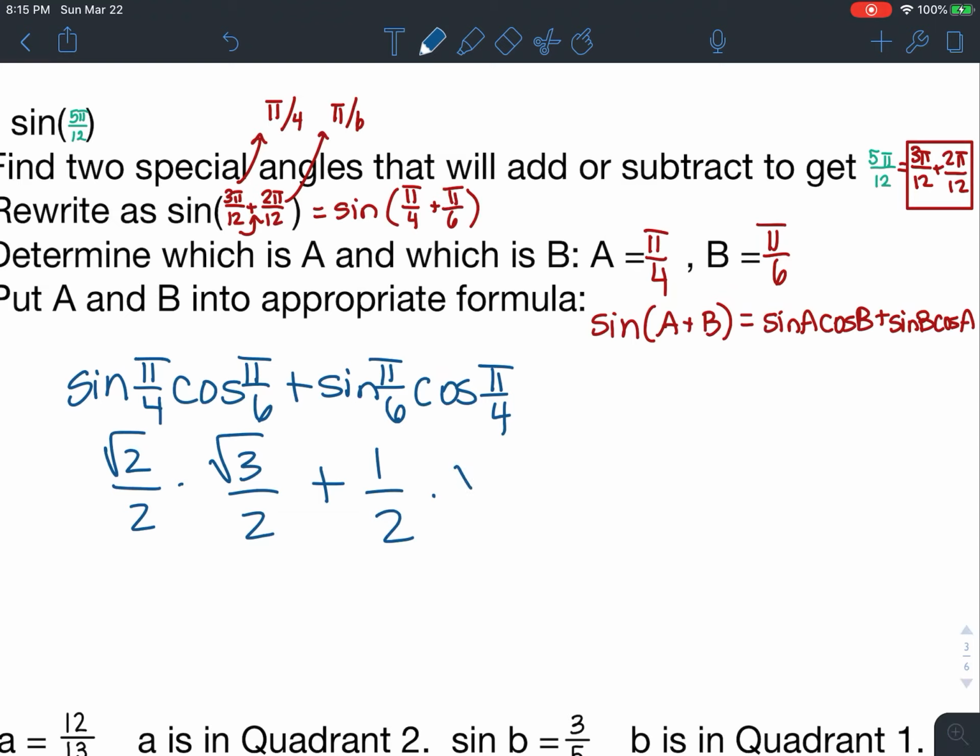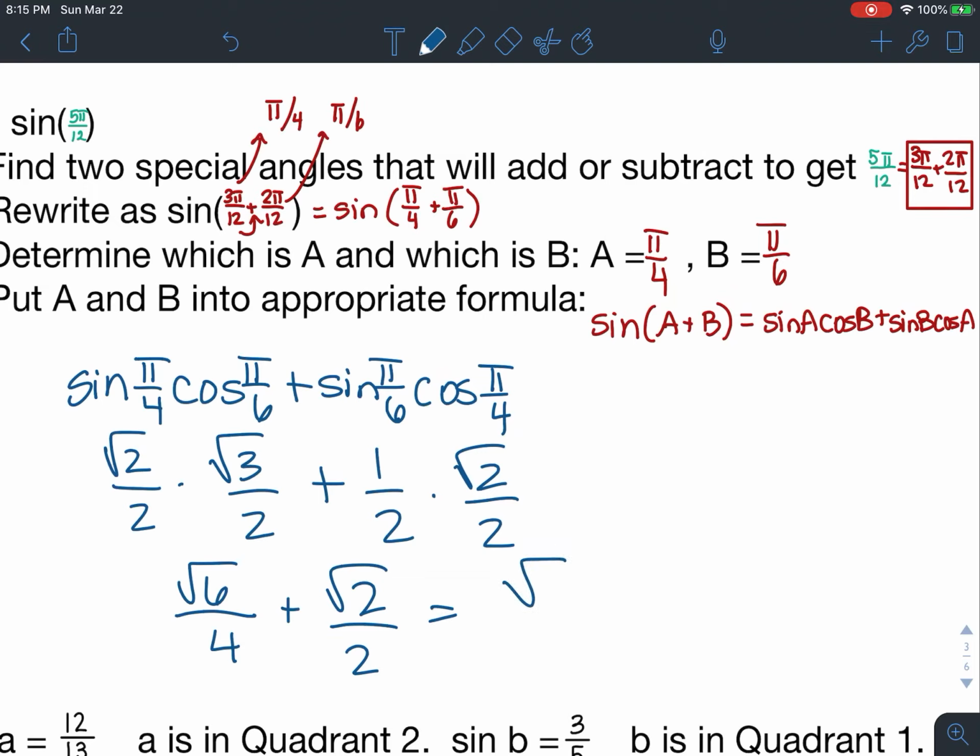Sine of pi over 6 is 1/2. Cosine of pi over 4 is root 2 over 2. So that's going to be radical 6 over 4 plus radical 2 over 4, which equals radical 6 plus radical 2. Oops, I made a mistake. I'm sorry, that's a 4.